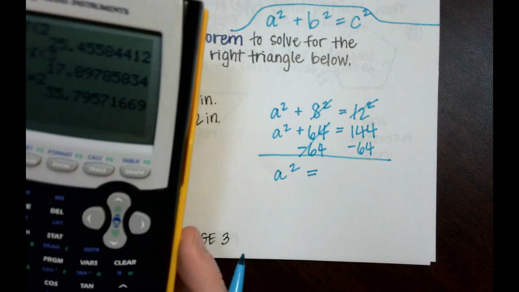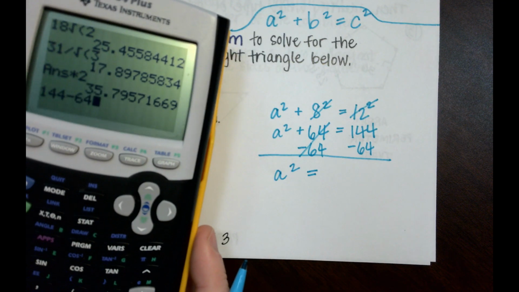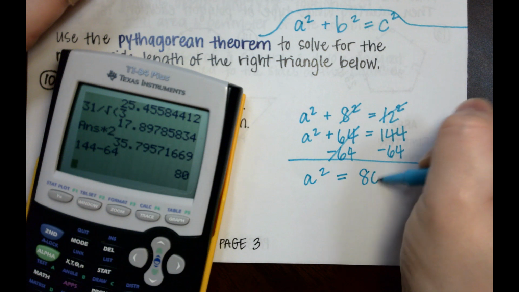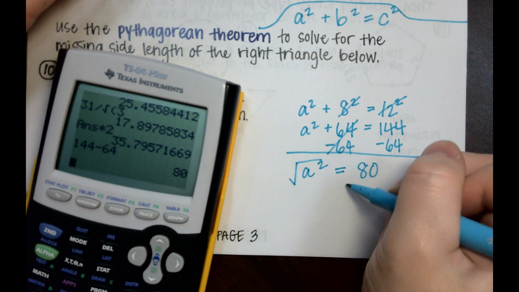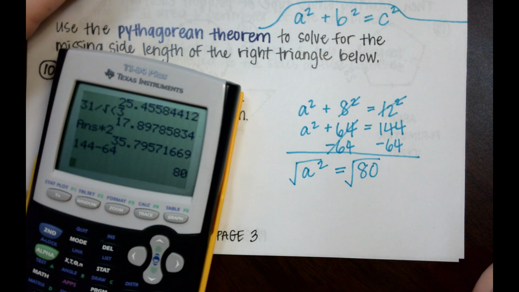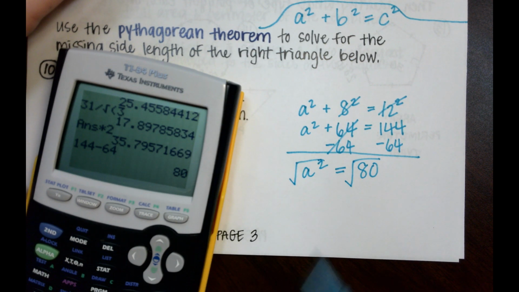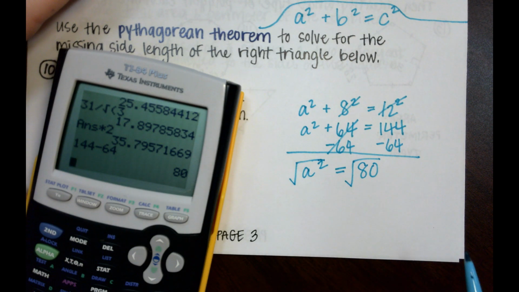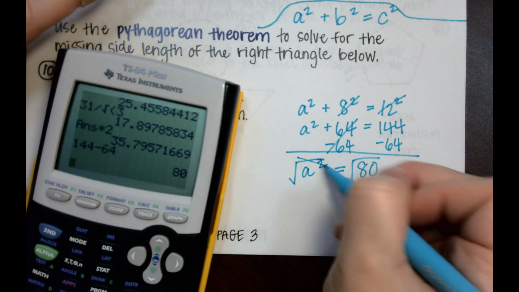So let's see, 144 minus 64 makes 80. A squared equals 80, but you have to use the radical sign. Turn it into A, not A squared. The opposite of squared is the square root.